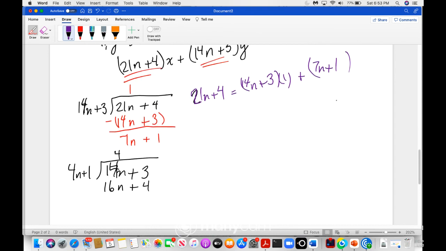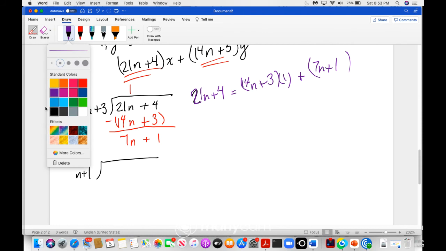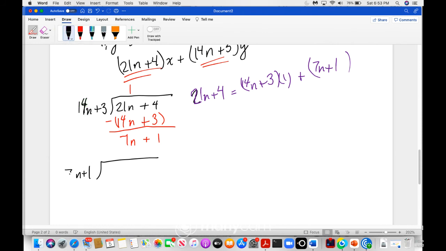Okay, now when I divide it in, I should get something nice. So if I look at how many 7n plus 1s fit into 14n plus 3, if I guess 2, then 2 times this will get me 14n plus 2. Subtracting will give me just a 1, which is perfect because that's exactly what I wanted.